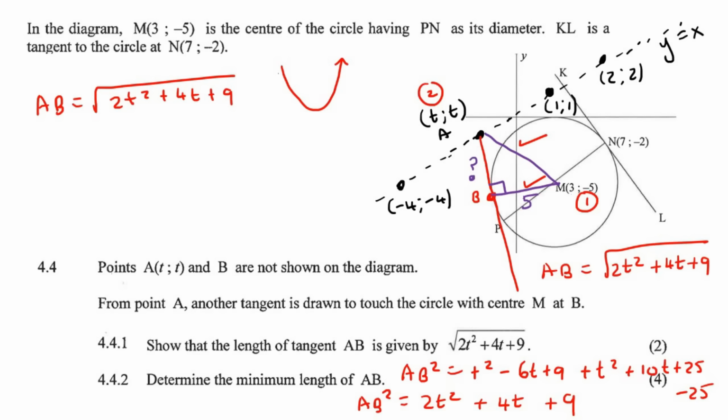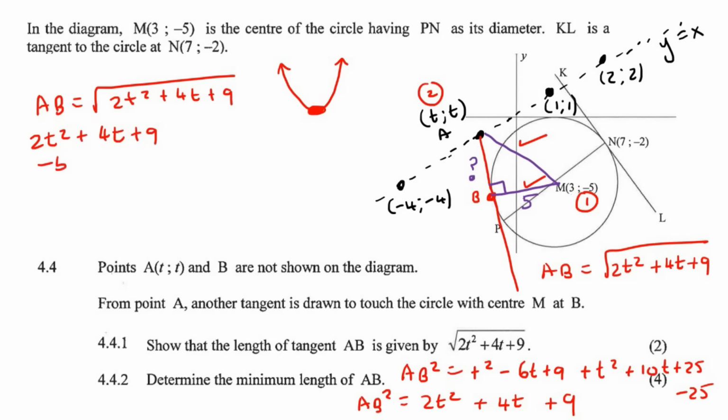Okay? So if we could try to find this minimum value on that graph, then if you put that minimum value inside here, then this whole thing will be a minimum value, and so AB will be a minimum. So what I'm going to do is I'm just going to take this expression and try find the smallest or the lowest part of that expression, and that's the turning point.